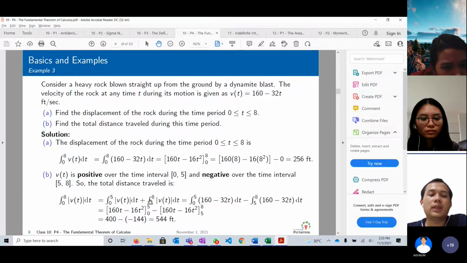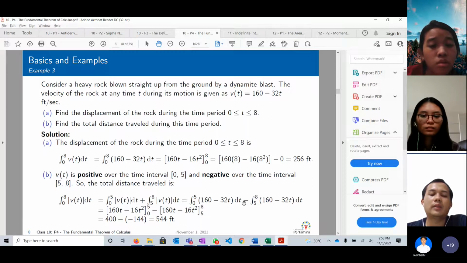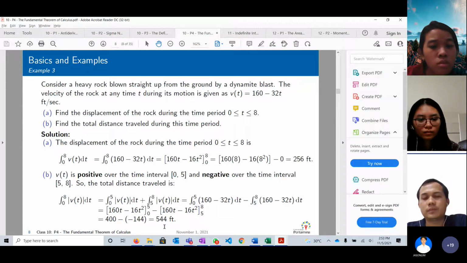Kemudian kita split intervalnya, yang mana yang positif, yang mana yang negatif. Karena 0 sampai 5 v-nya positif, dia tidak berubah tanda. 5 sampai 8 v-nya negatif, maka tandanya berubah menjadi negatif. Then we simply need to finish the definite integral after that. Any question?